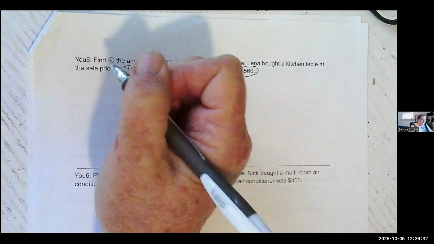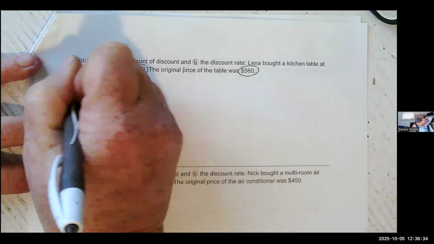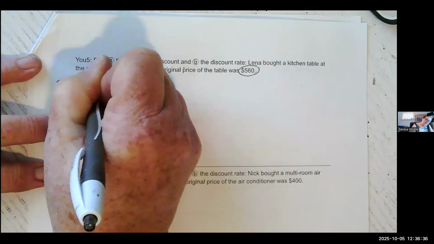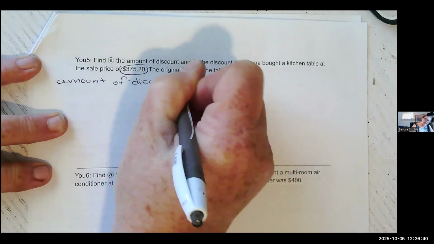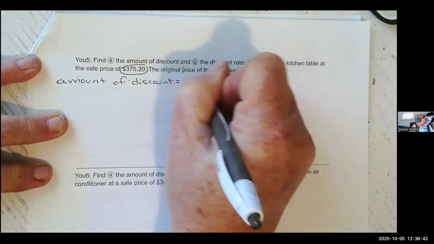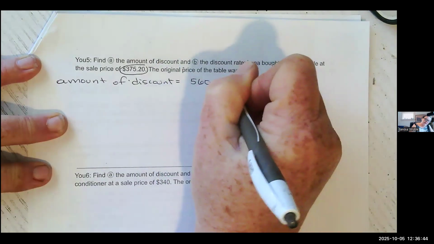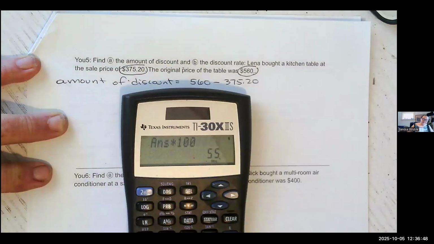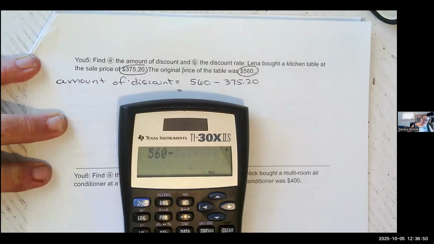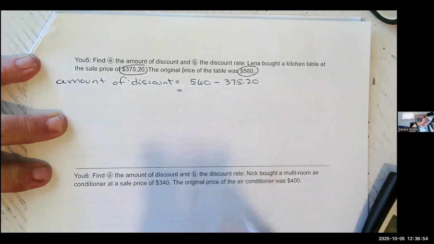So first one we're going to do is the amount of the discount. That's just the original price minus the sale price. $560 minus 375.2 is 184.8.